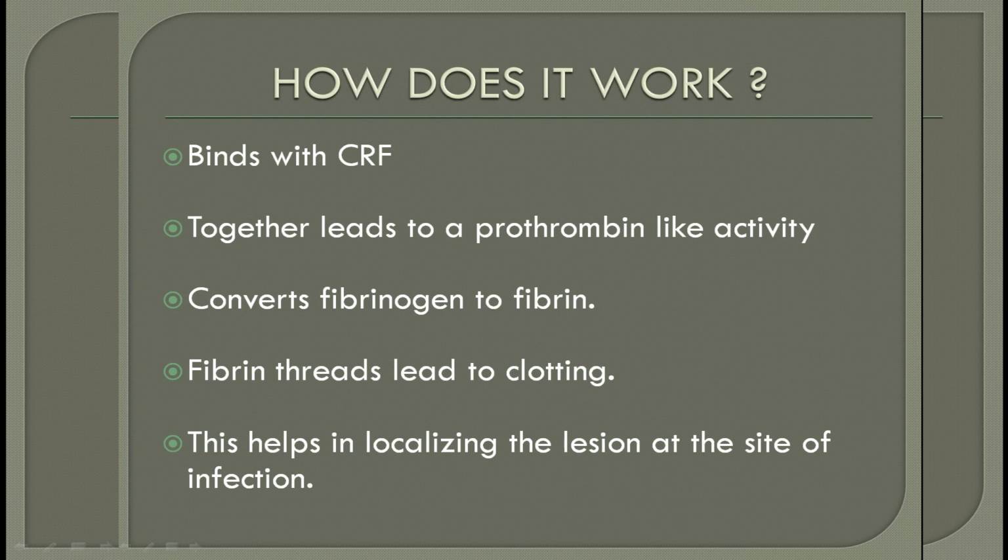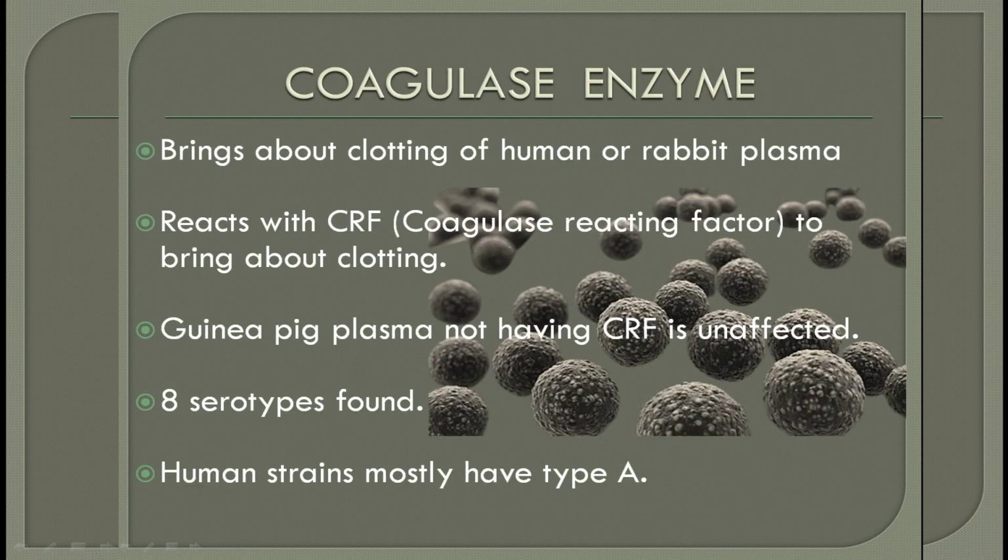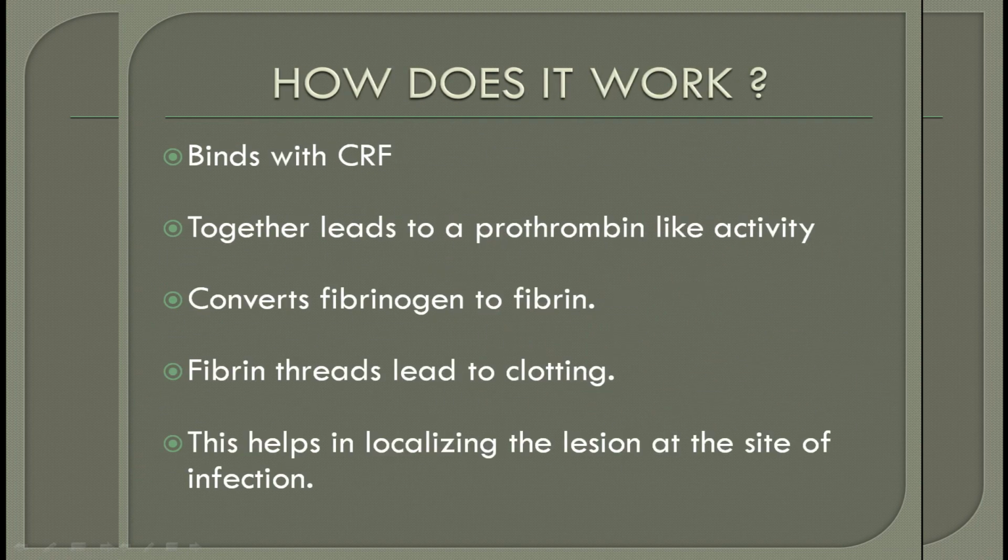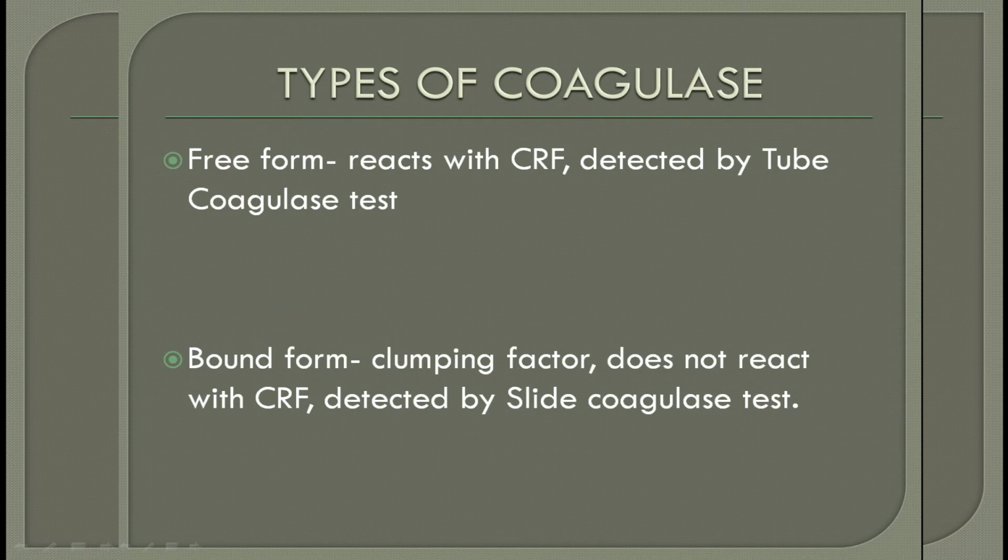Alright. So this is how the coagulase enzyme works, and we have already talked a little bit about the coagulase enzyme itself. Now, let's talk about the different types of coagulase. I was telling that coagulase reacts with coagulase reacting factor and all of that, right?